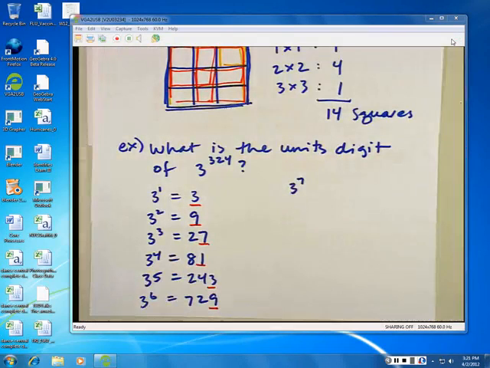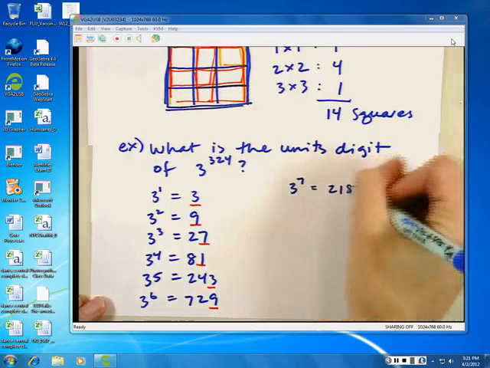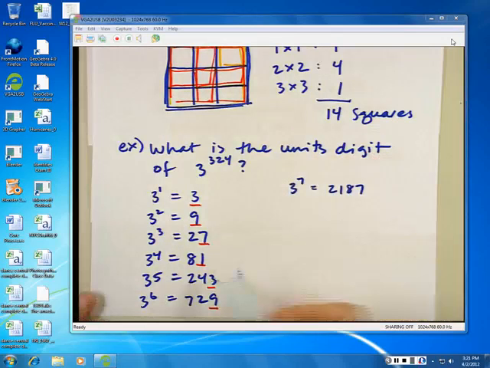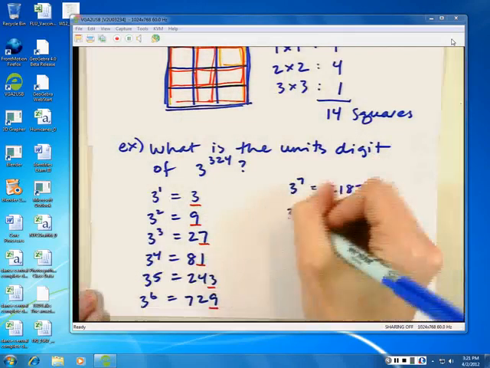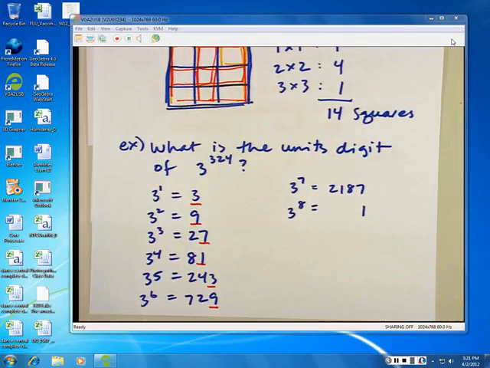So 3 to the 7th, which my calculator can still handle, is 2187. Okay, so far so good. 3, 9, 7, 1. So I'll bet 3 to the 8th power ends in a 1. And it does, 6561.